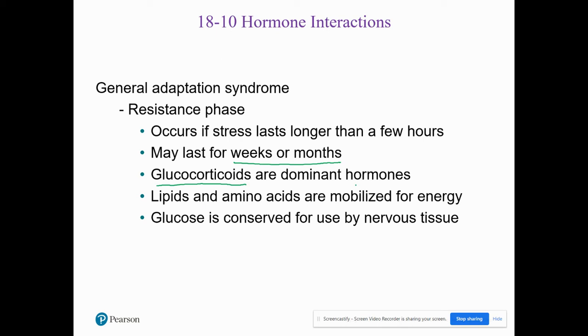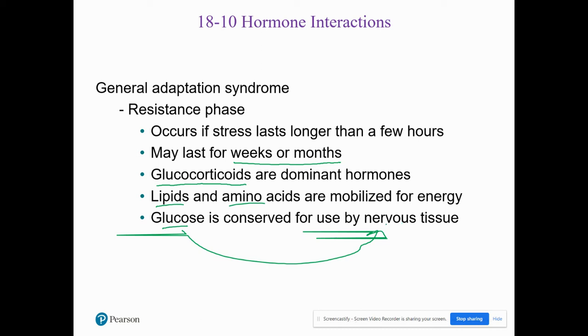They can cause fatigue. They can cause all kinds of issues. And here, instead of using glucose and glycogen, we're actually going to start to burn into our lipid and amino acid reserves. And then the glucose is literally conserved for your brain because, like I mentioned earlier, that's the only sugar your brain can use.